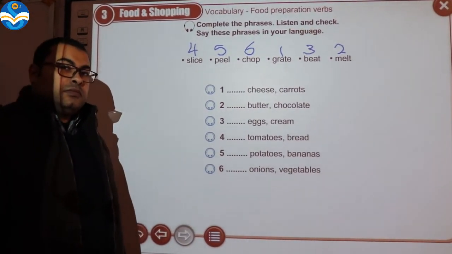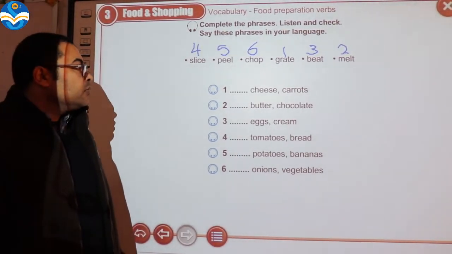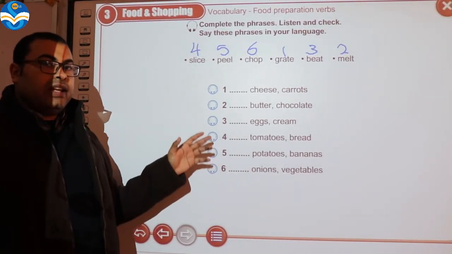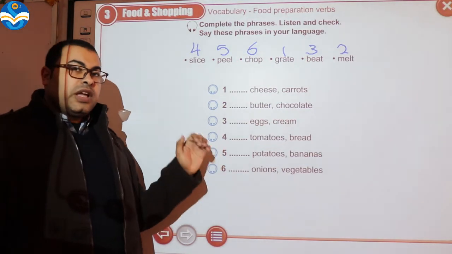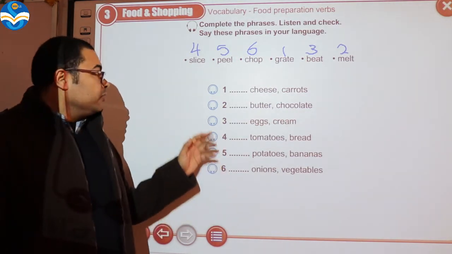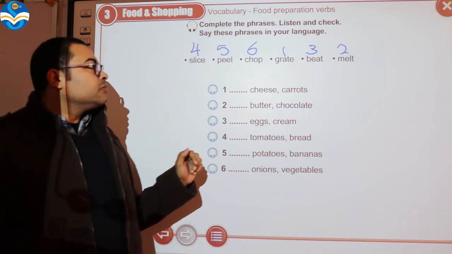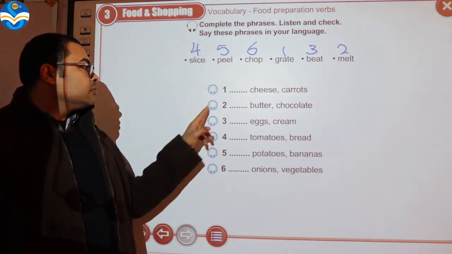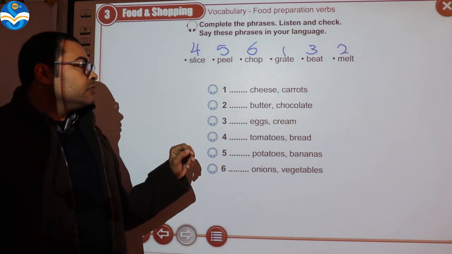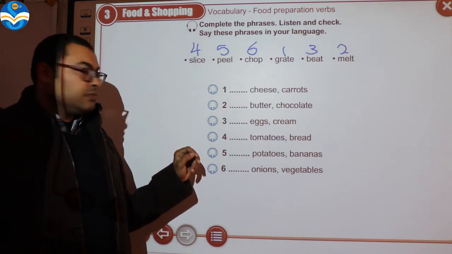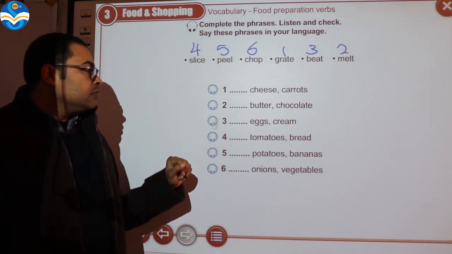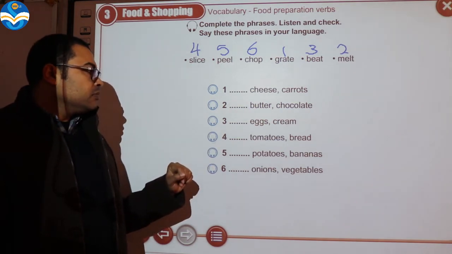So let's listen to them again, and I want you to focus and write them down with me. Number 1. Grate cheese, carrots. 2. Melt butter, chocolate. 3. Beat eggs, cream. 4.